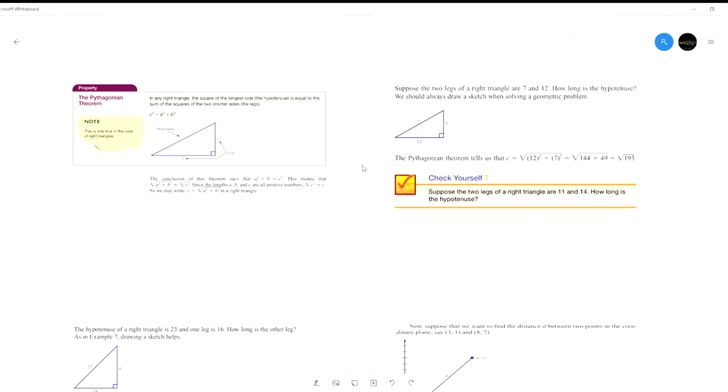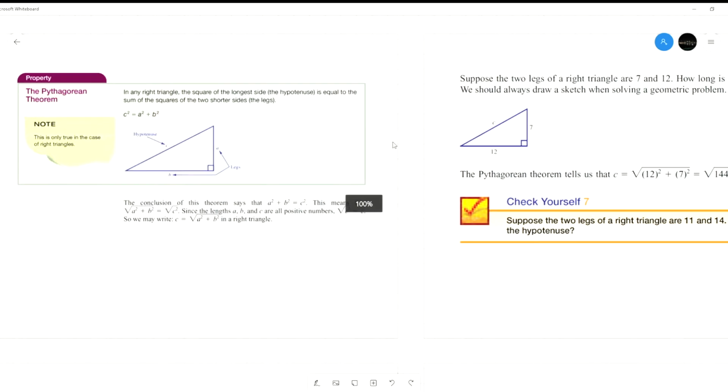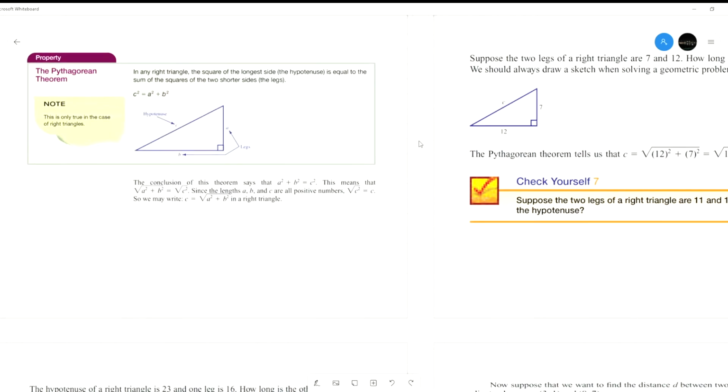Next, we will be talking about something called the Pythagorean theorem. I'm sure you remember this from school, right? From high school or maybe before that. So in any right triangle, here's a diagram of the right triangle. We have these two legs.